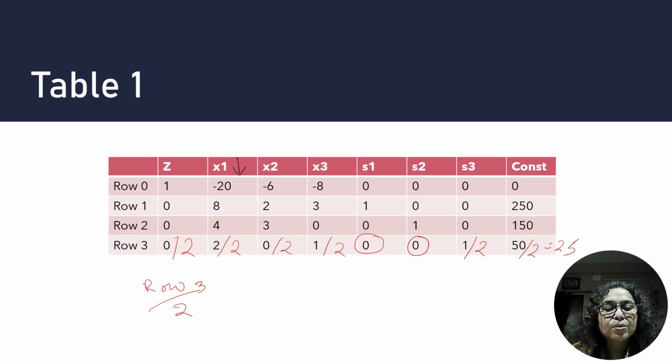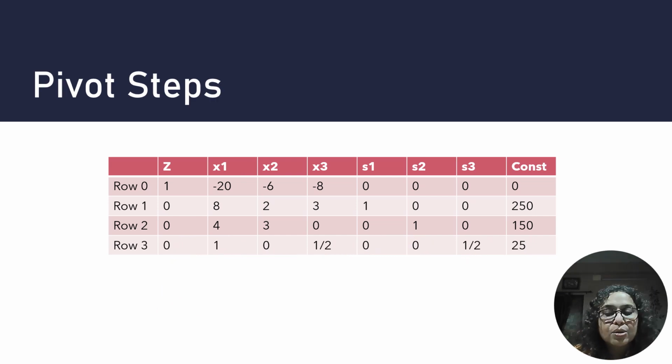So we have got the first pivot step and let's go to the next exercise. So the first thing that we have done over here is we divided this entire row by 2, because we initially had 2 over here and 0 and 1, 0, 1, and we had 50 over here, isn't it?